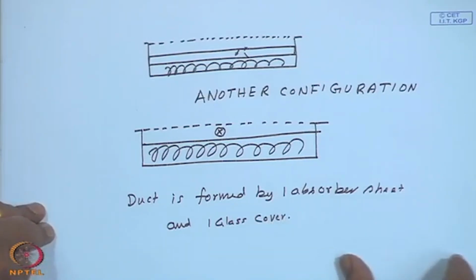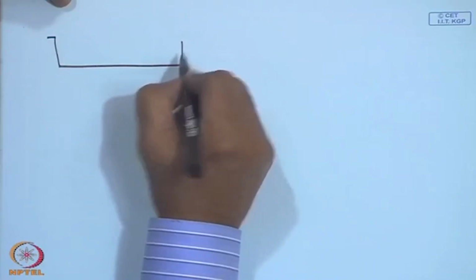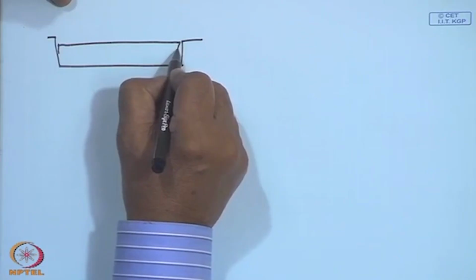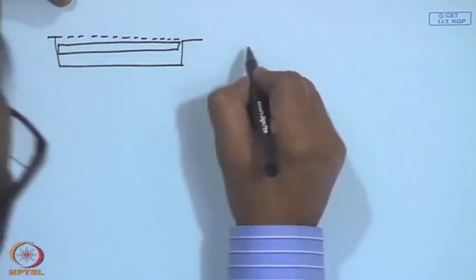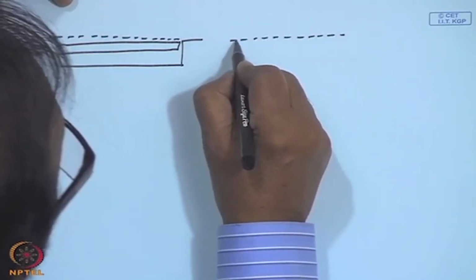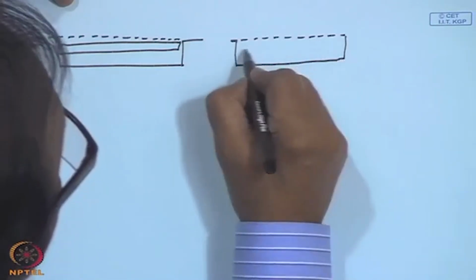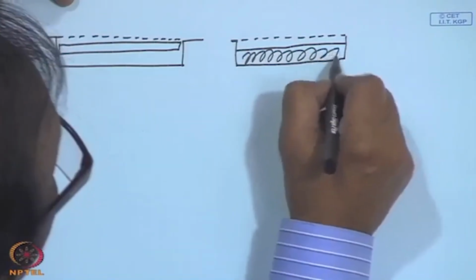Obviously, if we put them side by side, this is the first configuration and this is the second one. With only one absorber, flow is through this and flow is through this.